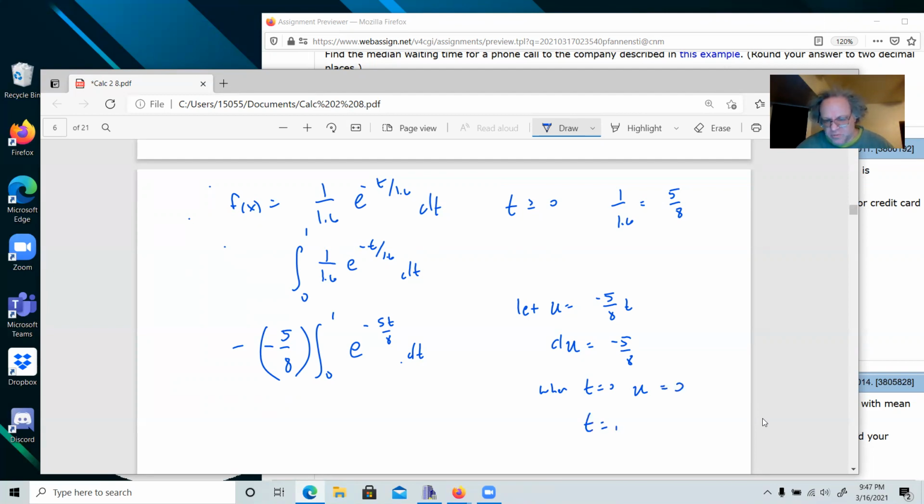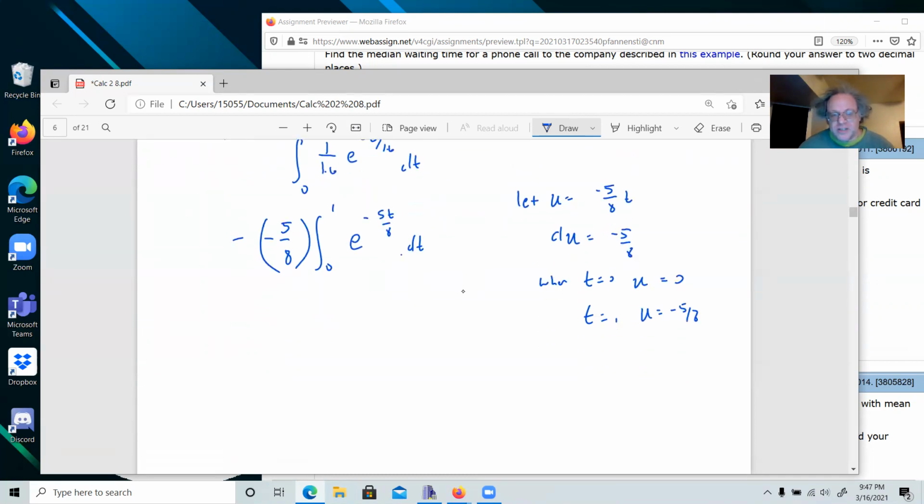And when t equals 1, then u is equal to negative 5/8. So we actually could do negative integral from 0 to negative 5/8 of e to the u du, because we have our du here.